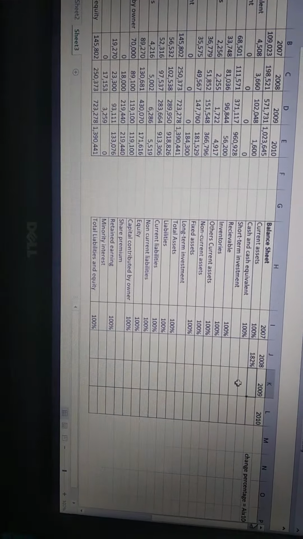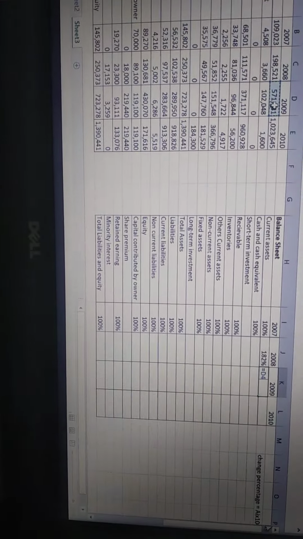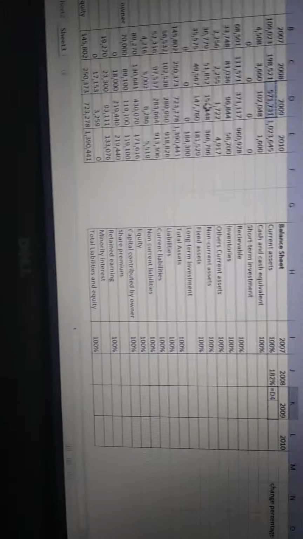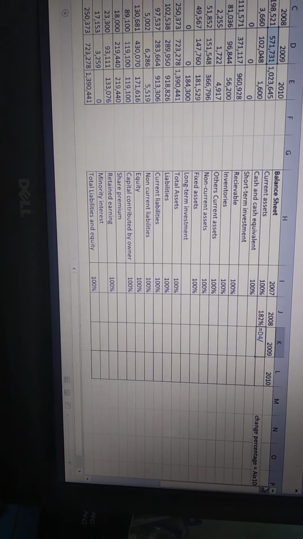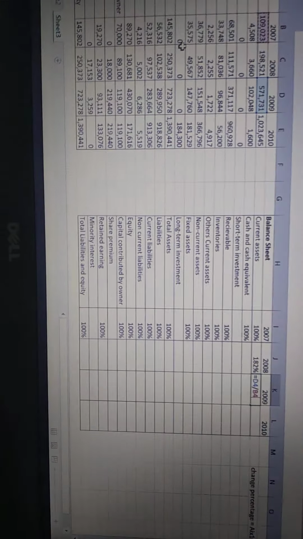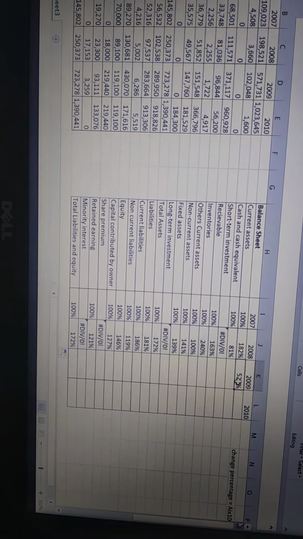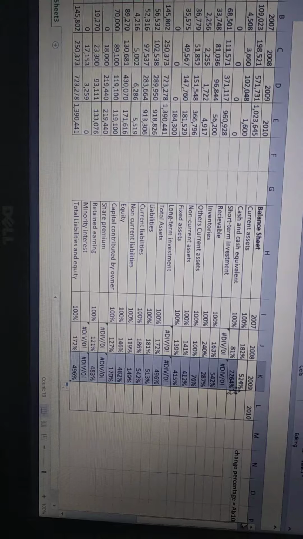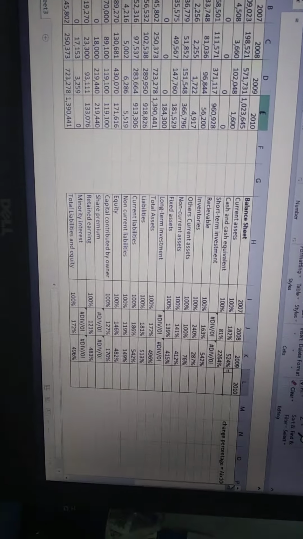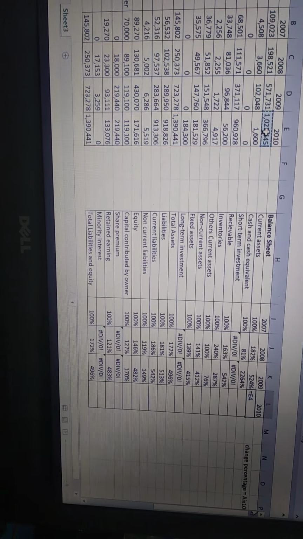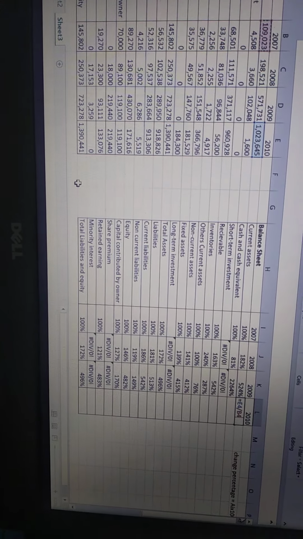In 2009, right, we take this and divide it by the value of current assets in 2007, right? Okay, so we do the same for the following items. Okay, and for 2010, we take the value of the item in 2010 divided by the value of the base year, 2007, right?